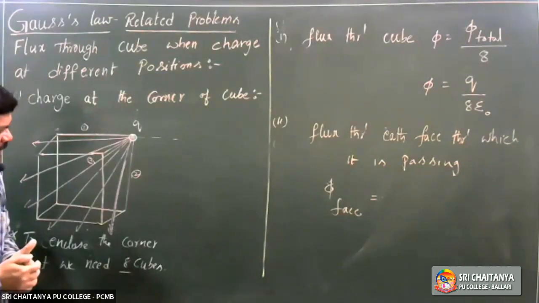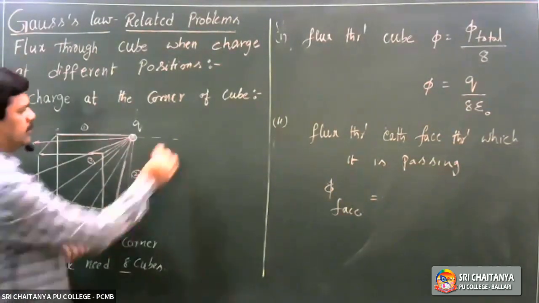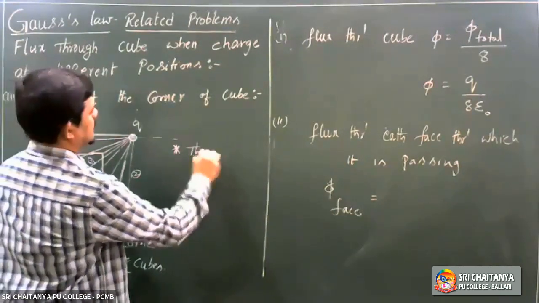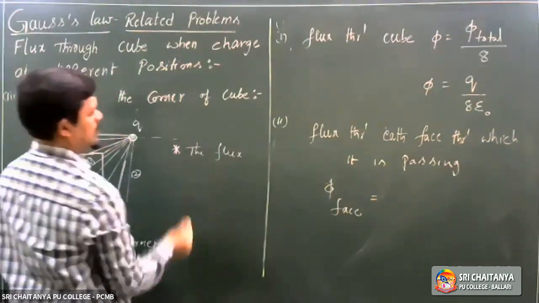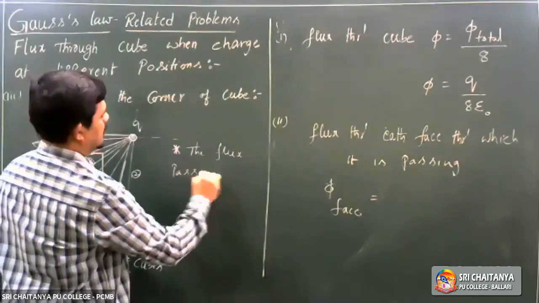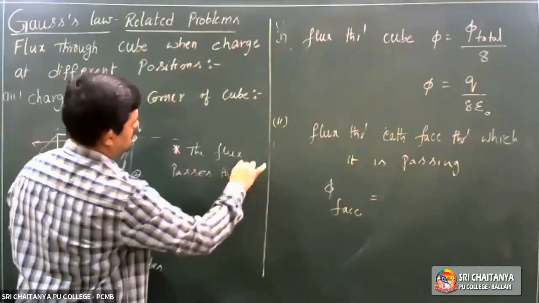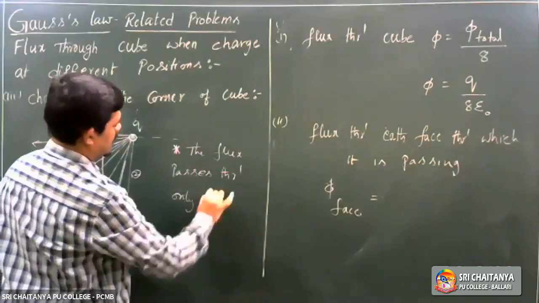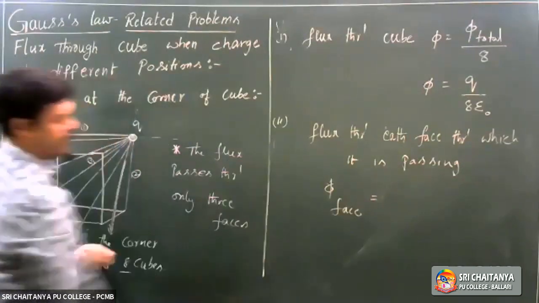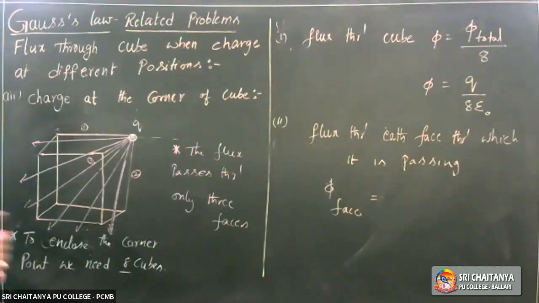So how many faces are ineffective now? The flux passes through only 3 faces. Only 3 faces, right?